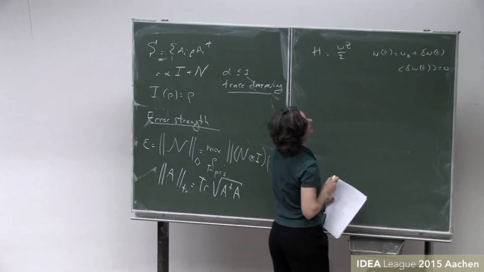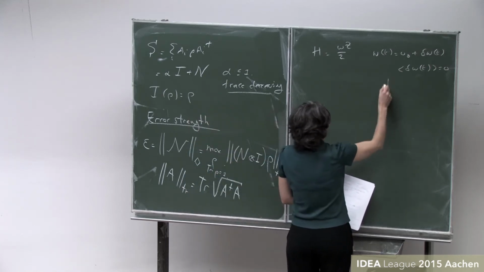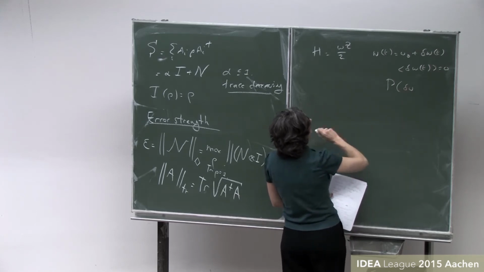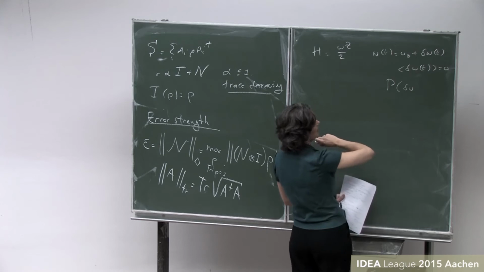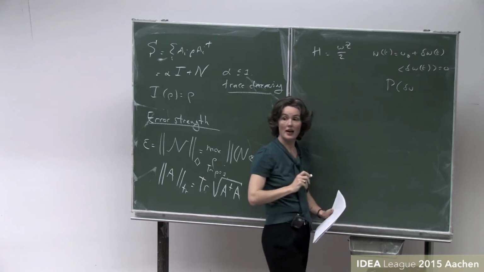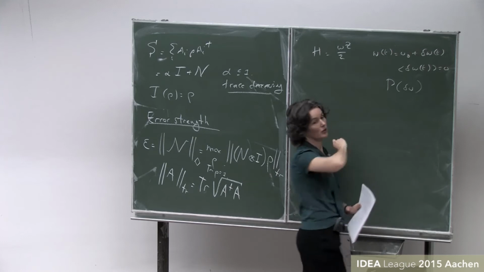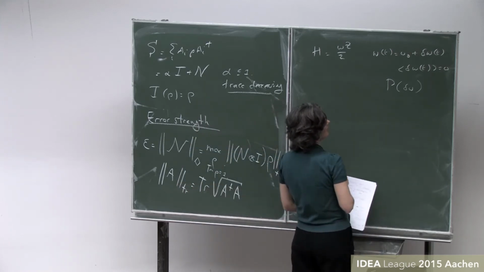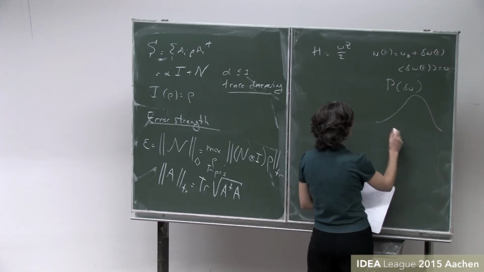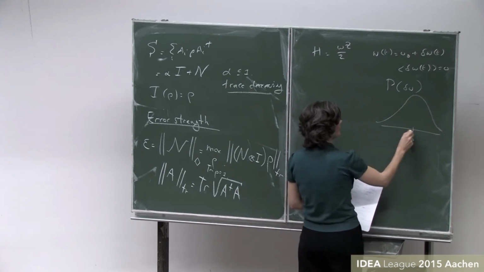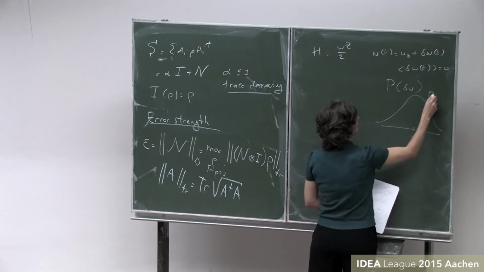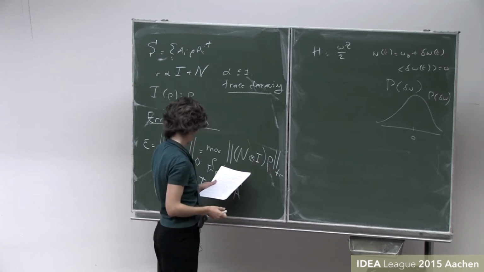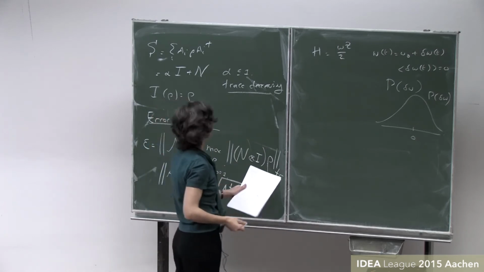For such a short interval in time, I could say there's some probability distribution over these frequency shifts, so I'm not taking into account time correlation. Maybe it's a Gaussian centered around 0, so P of d omega is centered at 0.